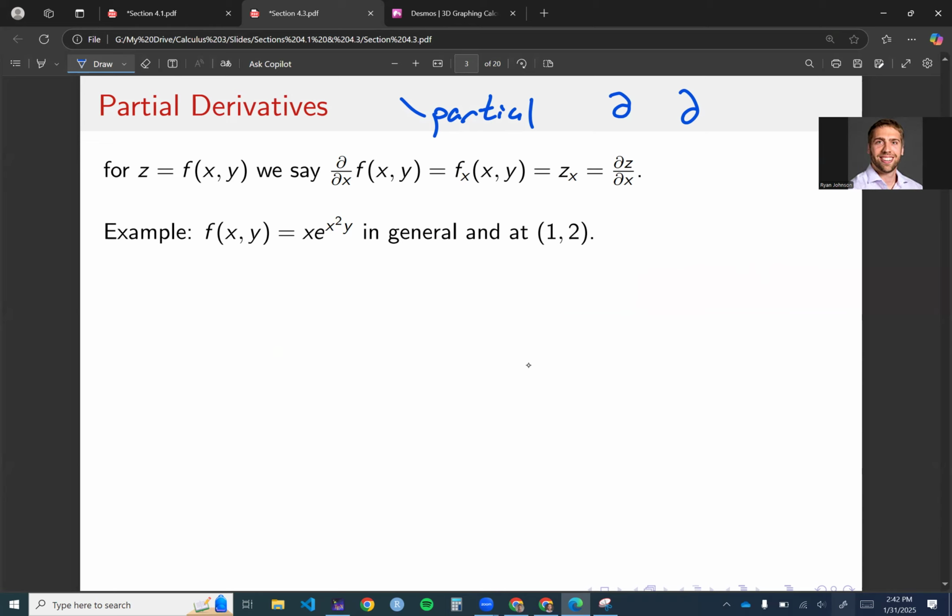That means the derivative with respect to x. Or if z is equal to that, you can also just call it z_x, or say partial z over partial x. Those are all the same thing. You'll notice that this is my favorite, these two right here.